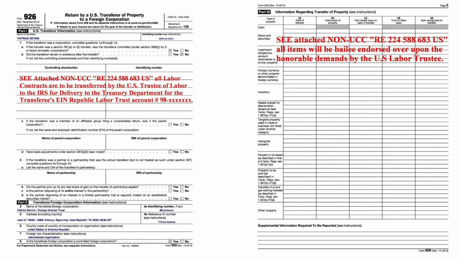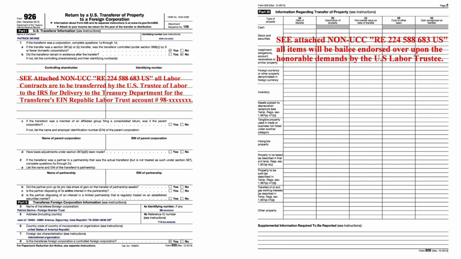I was hoping that we might be able to go over the 926 form today. Over to the what form? The 926, the IRS. The 926 form? Well, it's pretty simple. Basically, you're going to put down as a transferor your Social Security person, and your 98 series person is going to be the transferee.